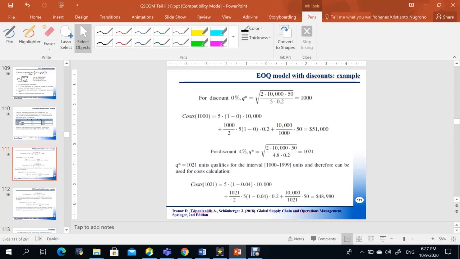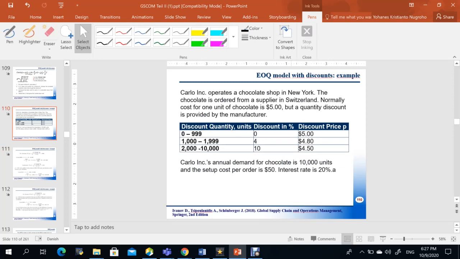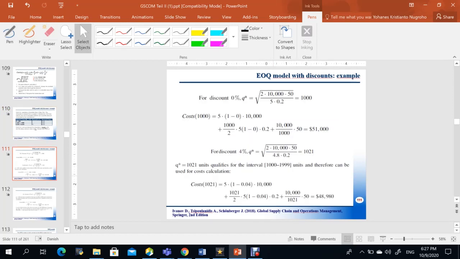That is the square root of 2 times demand. The annual demand is 10,000 according to our problem here, and the order or setup cost per order is $50. And then we multiply by 50 and divide by 5, where 5 is the price without discount, and then times 20%. Right? That is the interest rate. And then we have 1,000.